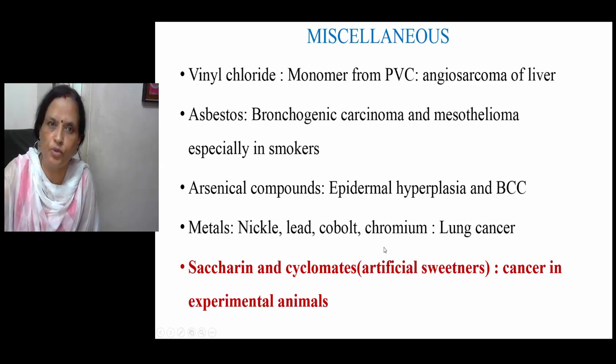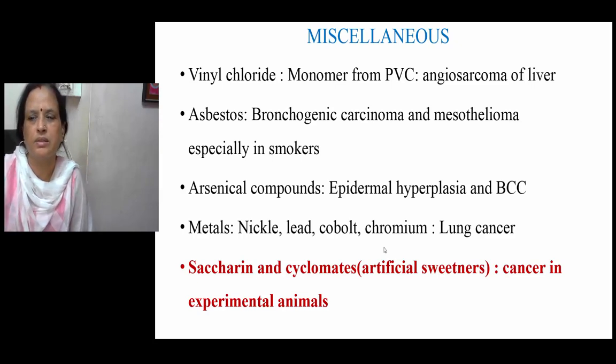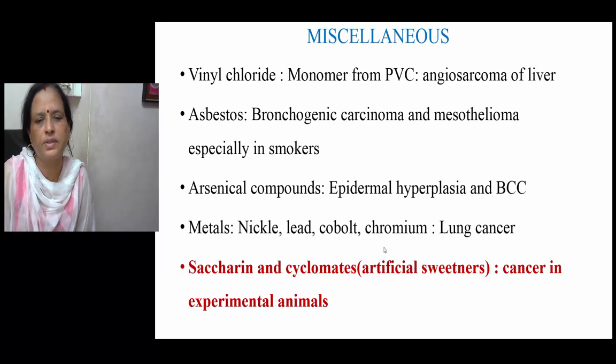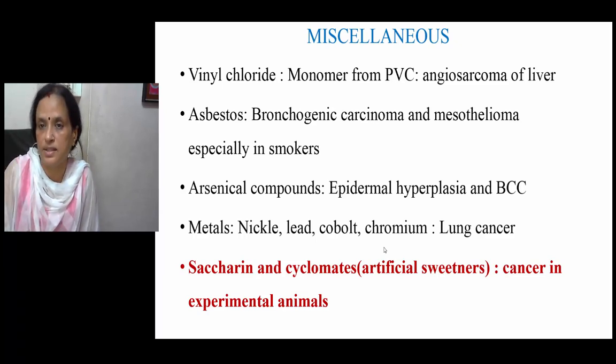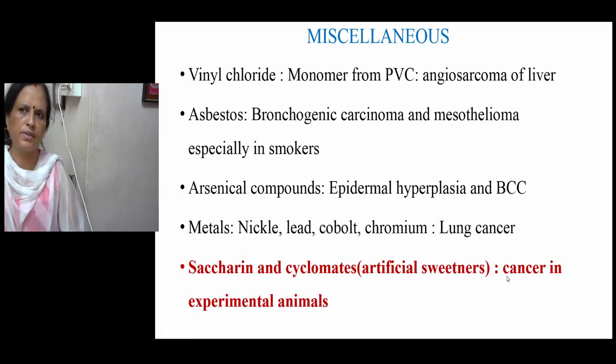Metals, just written few metals here, nickel, lead, cobalt, cadmium, chromium, everything. They are the causative factors or implicated in the genesis of lung carcinoma. See, something interesting here, I've just put it in red. Saccharin and cyclamates. Do you know about them?